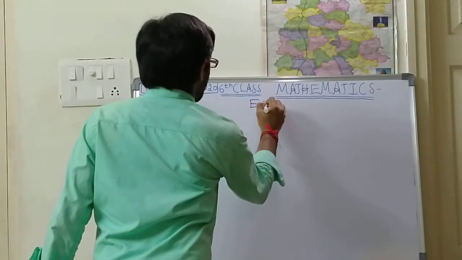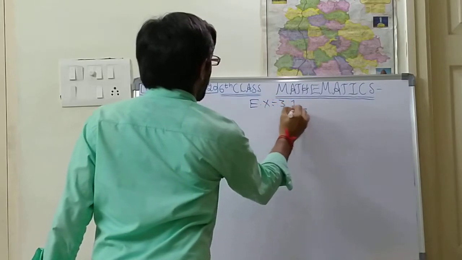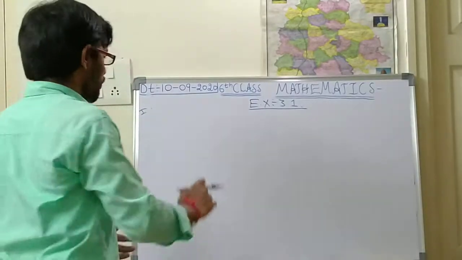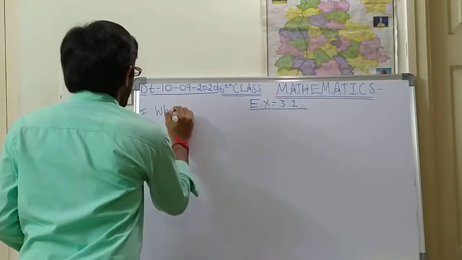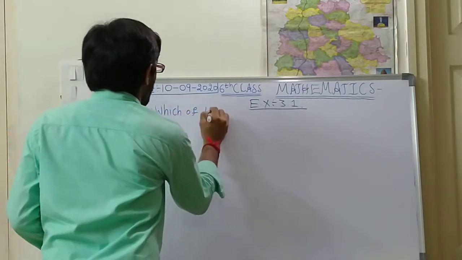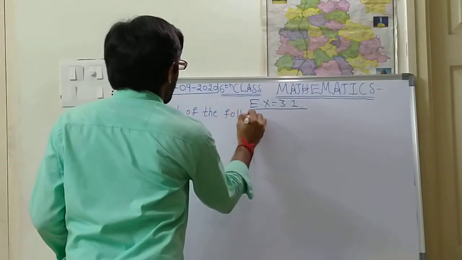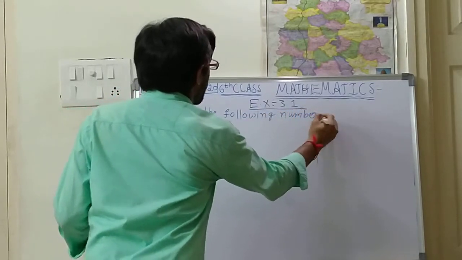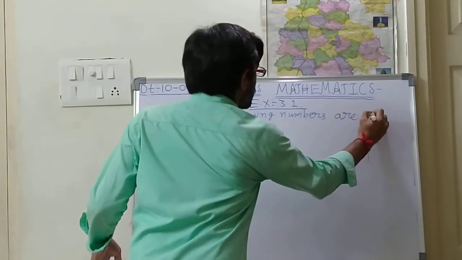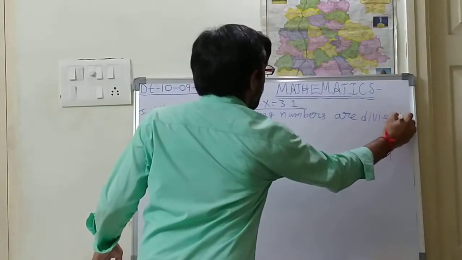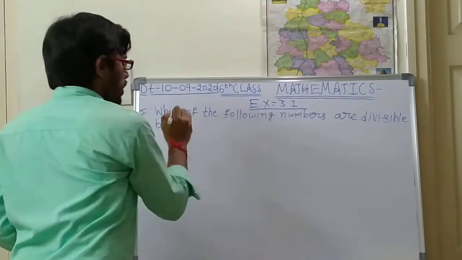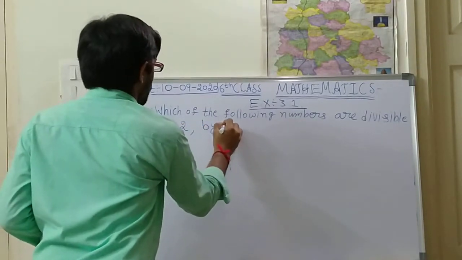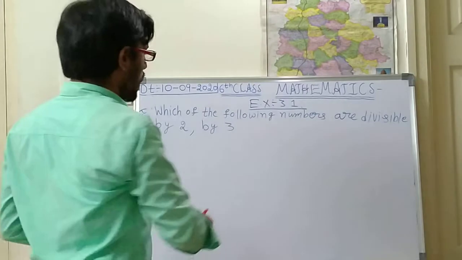Exercise 3.1. What is the first bit? Which of the following numbers are divisible by 2, by 3 and by 6?